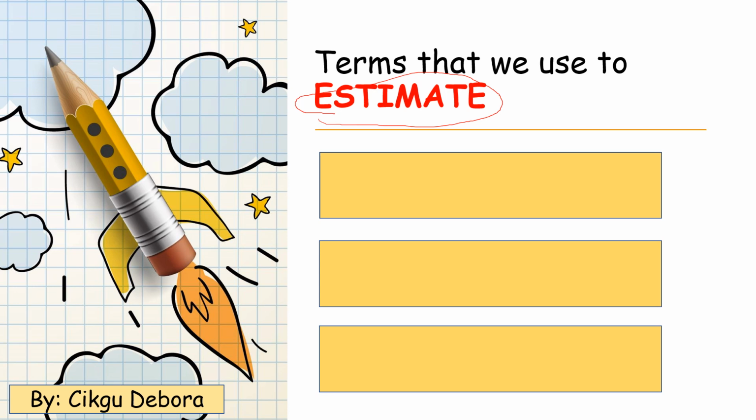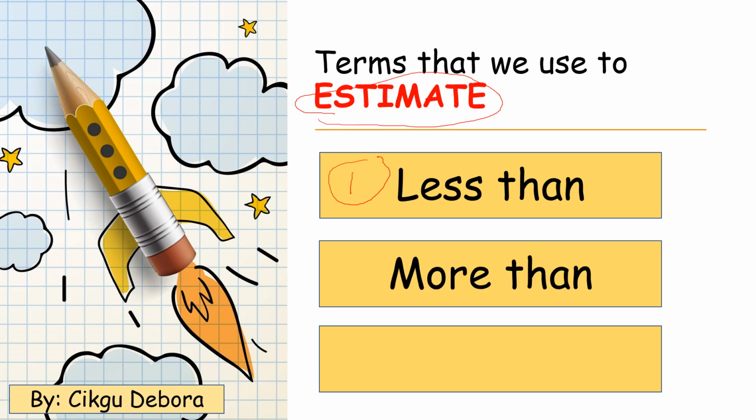So the terms that we use to estimate, the first one is less than. Less than means smaller than, fewer than. And the second one is more than. More than means greater than, bigger than.